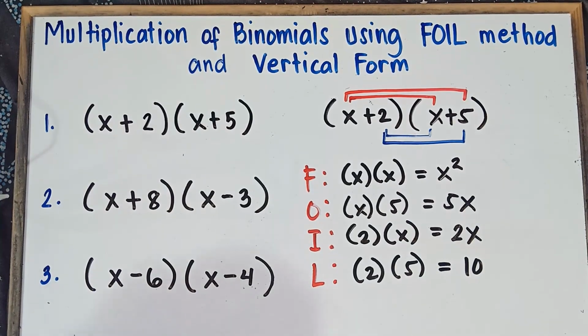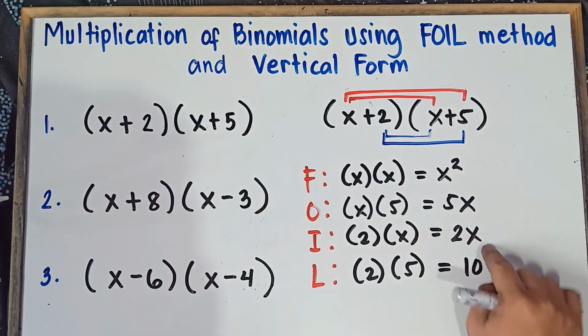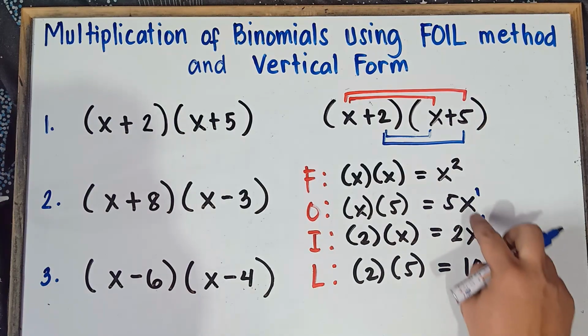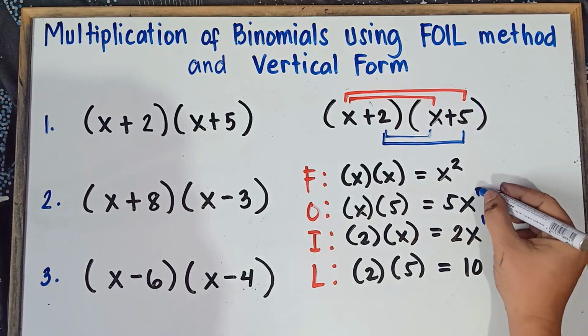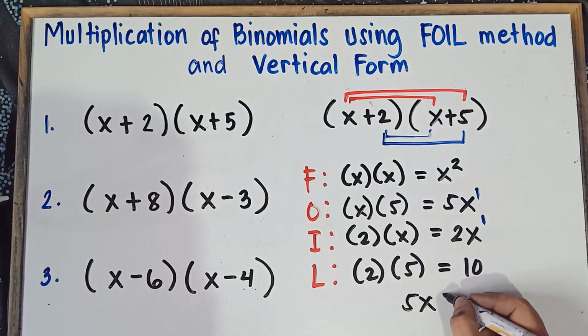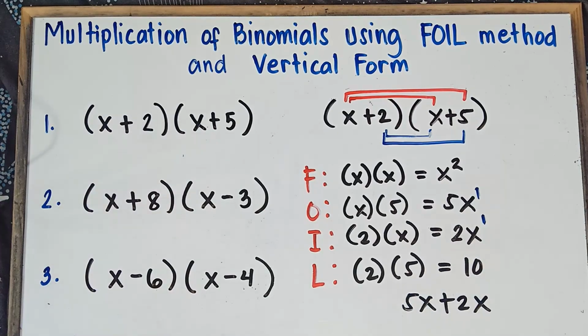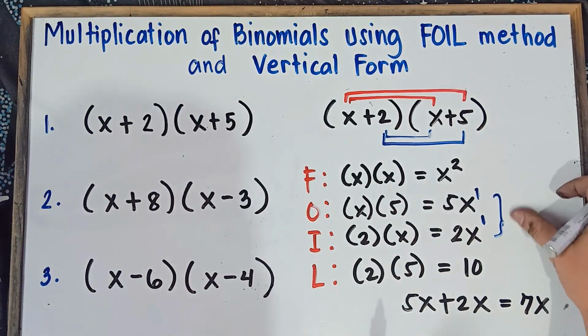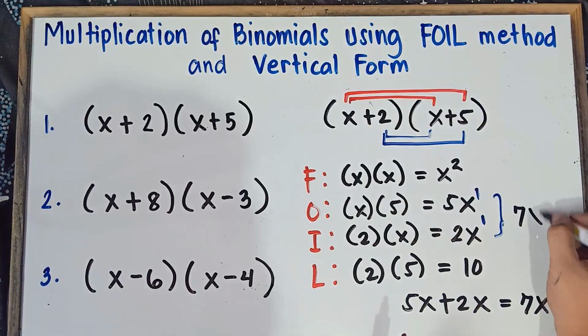And then we can combine these, class, because we have the same variable and the same exponent. Once again, class, we can combine this because they have the same literal coefficient, same variable and same exponent. So what would be the answer, class, if we combine positive 5x and positive 2x? That's correct, that would be positive 7x.